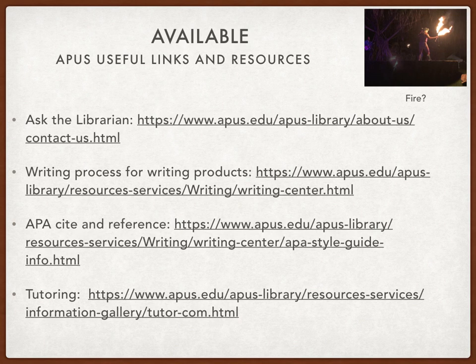There is a direct link to APA styles. And I encourage you to use the library link over any other tools that you may find out on the internet or embedded in Microsoft Word, because a lot of the tools don't get updated with every edition change of APA.